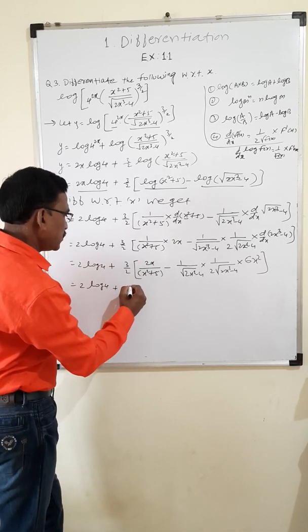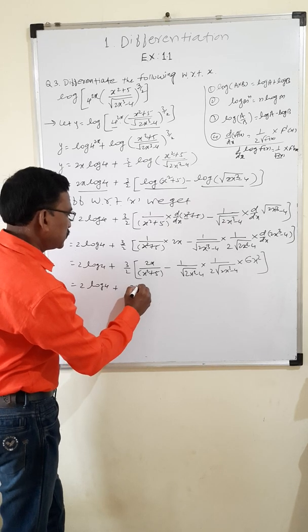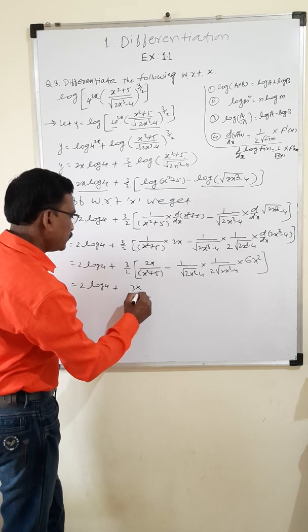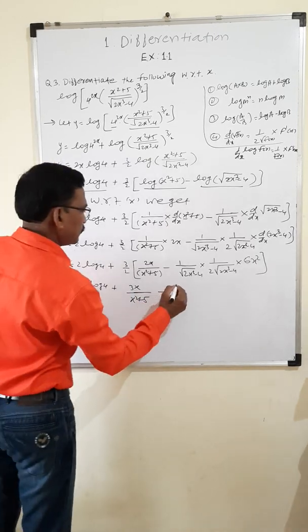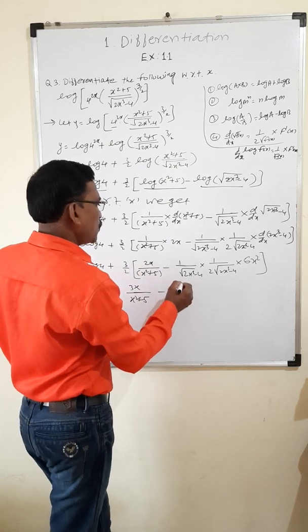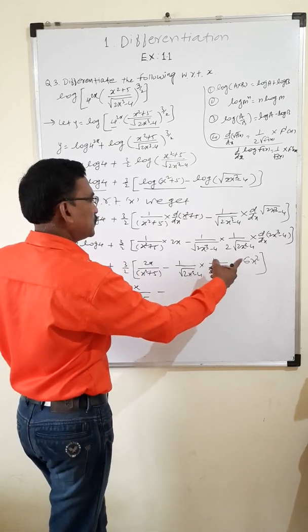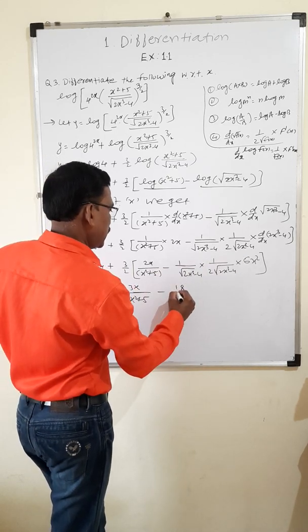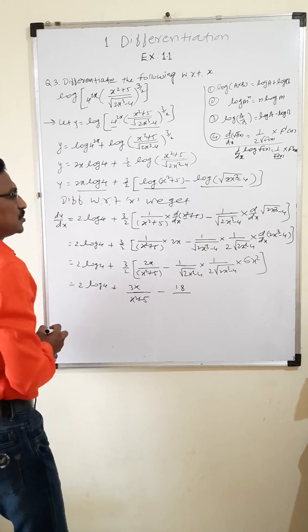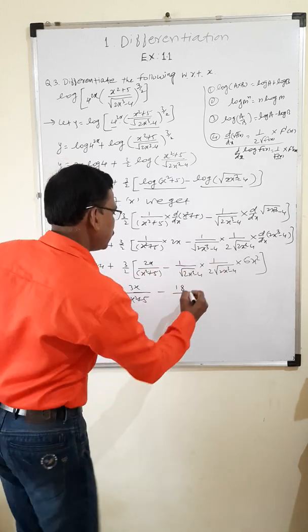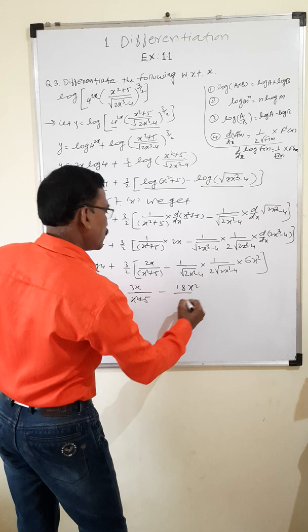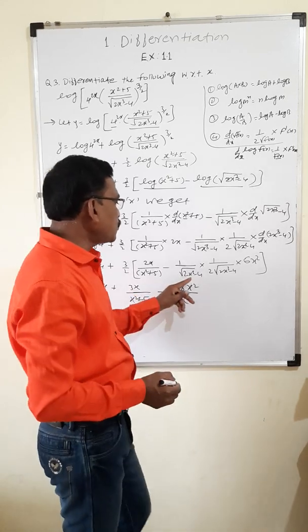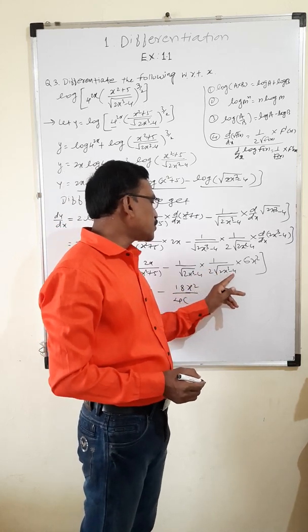So it is 3x by x square plus 5 minus 3 by 2, so 3 6s are 18x square by 2 2s are 4 into root of 2x cube minus 4 into root of 2x cube minus 4.